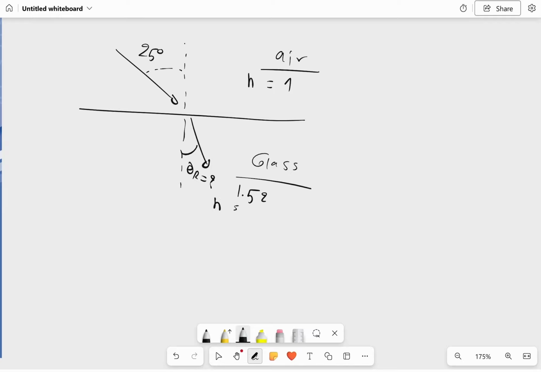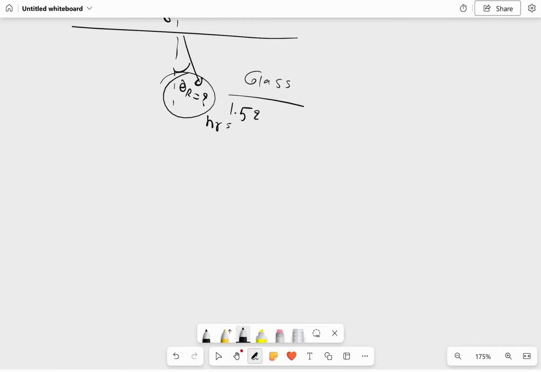Now, the question tells you to find the angle of refraction for a light ray that goes from air to glass. So the first one becomes Ni, and the second one becomes Nr. How can we find this theta r?